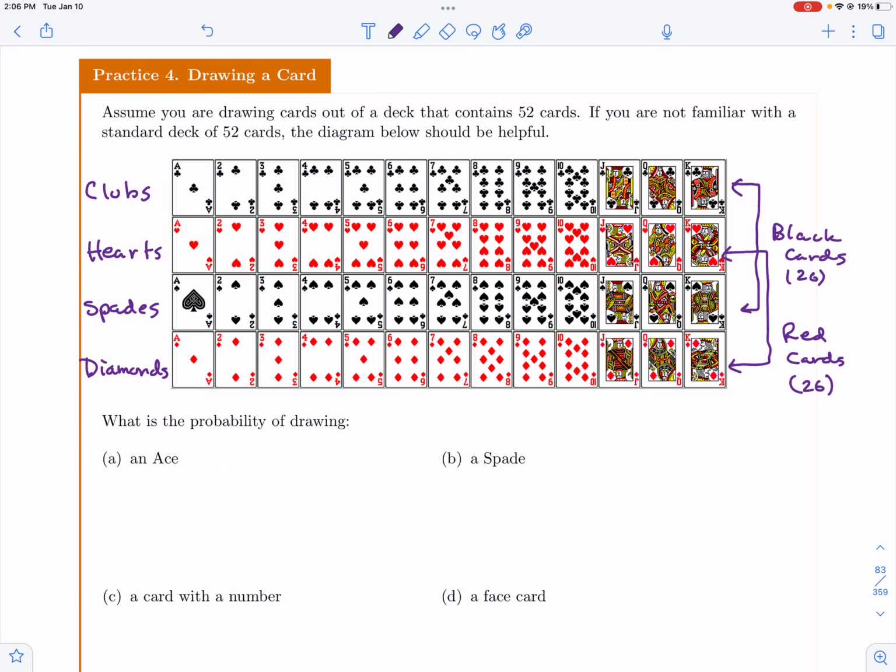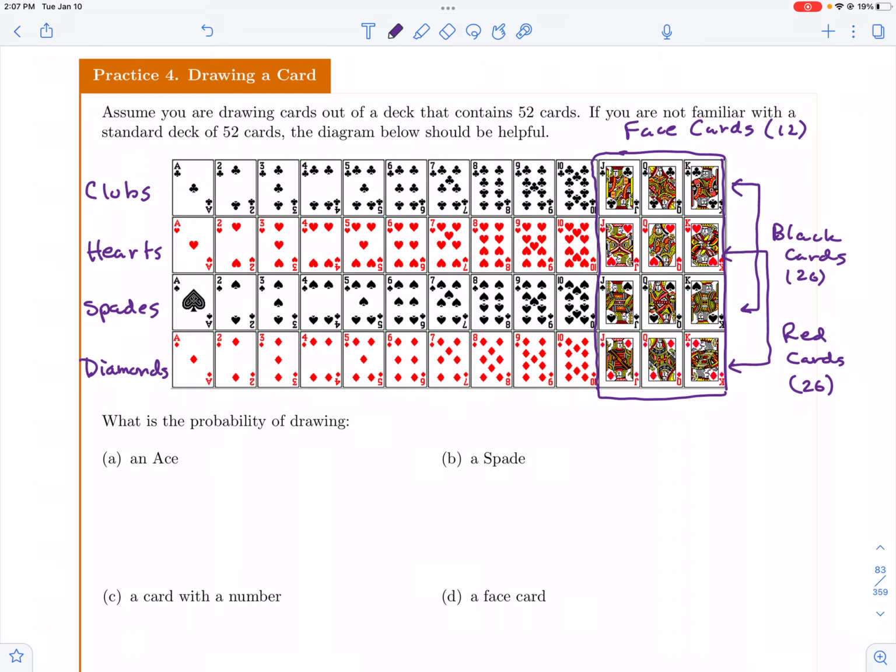And then we've got some special cards in our deck. So notice these 3 columns at the end. These are what are called our face cards, clearly because they have faces on them. And if you add them up, we'll see that there are 12 different face cards.